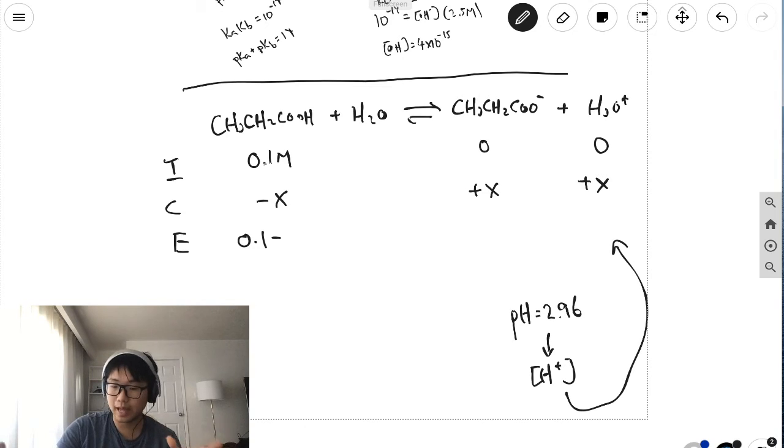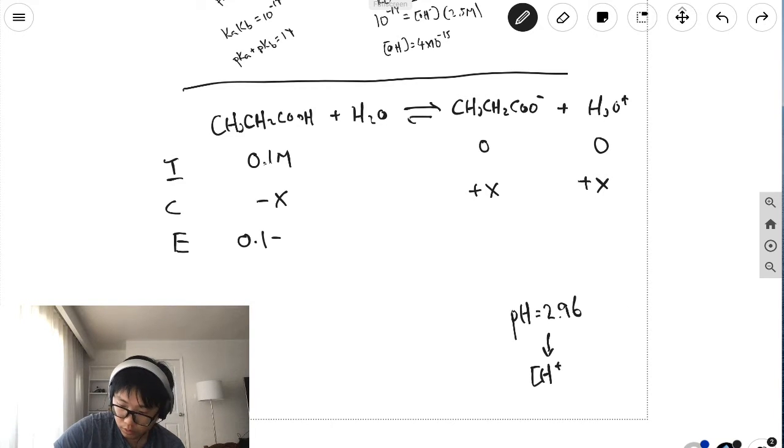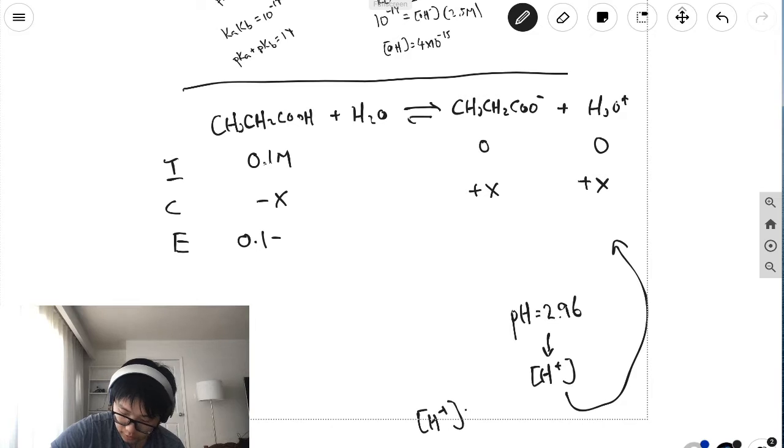Because remember, in the last problems we did, we basically found out what this x is, and then we plugged it into the negative log of H plus. So this time working in reverse. Sorry, I wrote that wrong. I meant to say H plus concentration is equal to 10 to the power of negative pH. And what did you find for that?